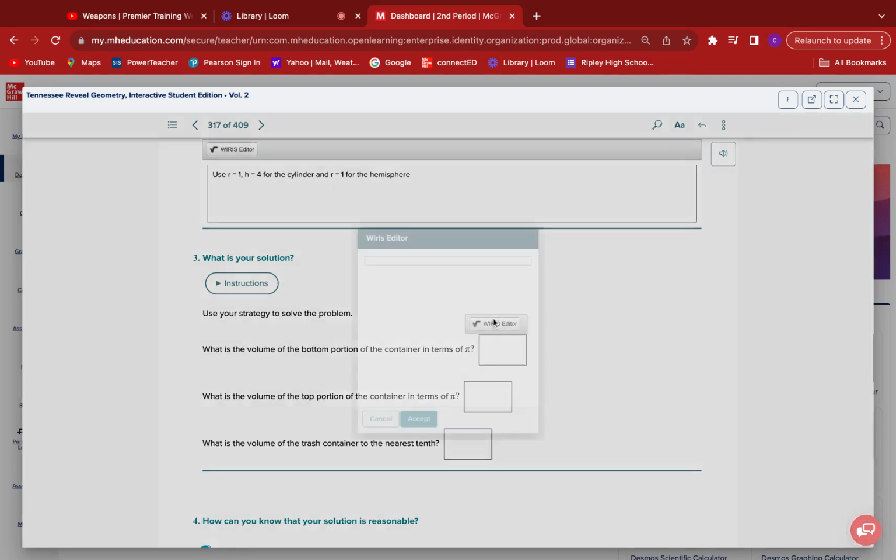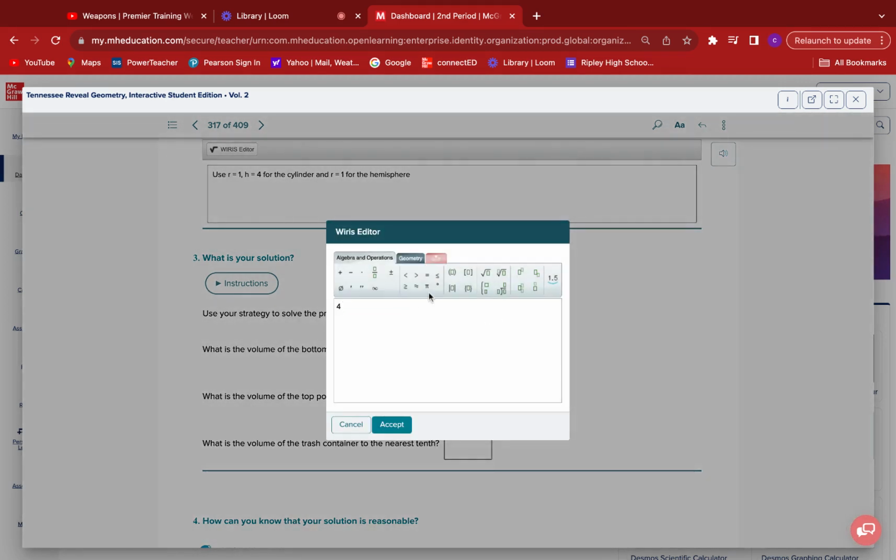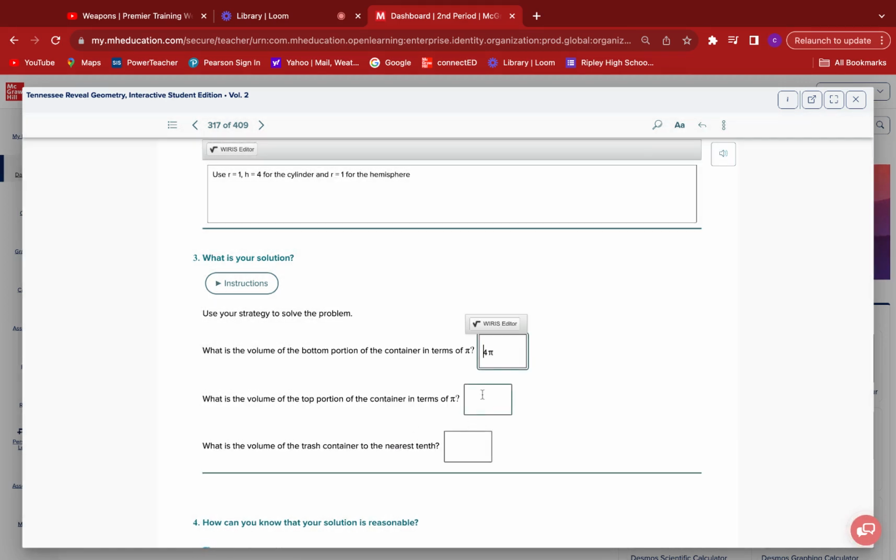All right, here they want the volume of the hemisphere, so it'll be 1/2 of 4/3, so it's 2/3, times pi times 1 to the power of 3. 1 to the power of 3 is 1.